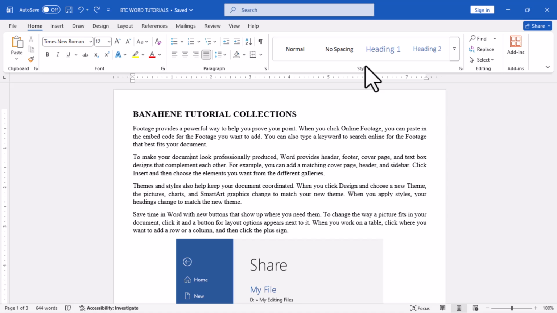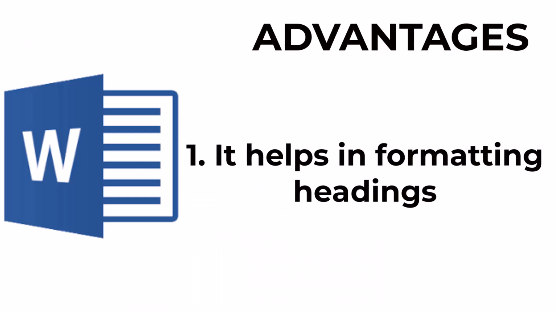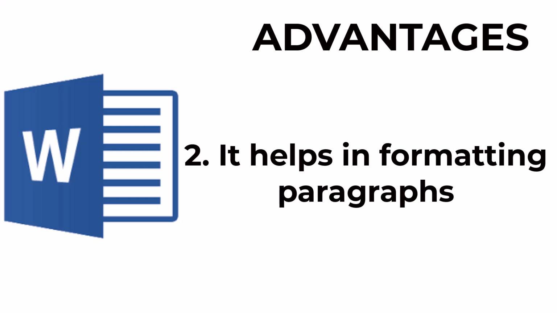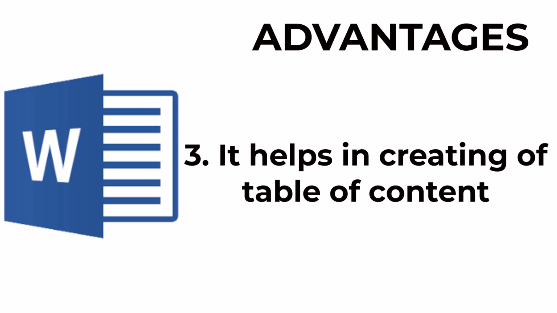Now, there are some advantages when it comes to the usage of this Styles group. The first advantage is that it helps you to format your headings. It also helps you to format paragraphs. And the third one helps you to create a table of contents, which is very essential, especially when you are creating a document that deals with project work or some content that needs a table of contents to be inserted automatically, which you are not going to manually create.